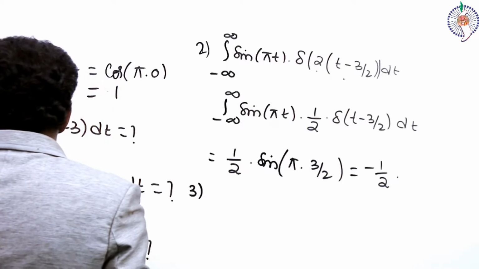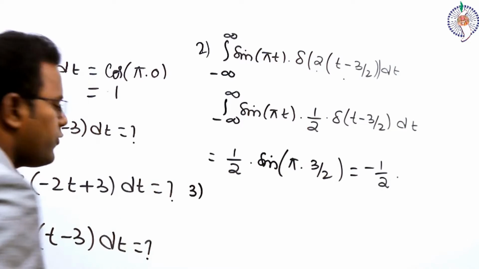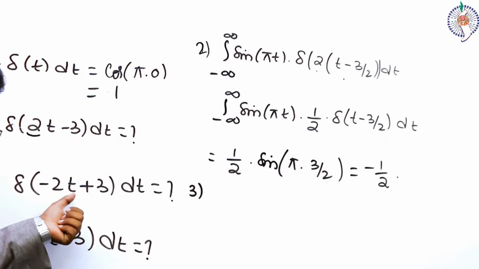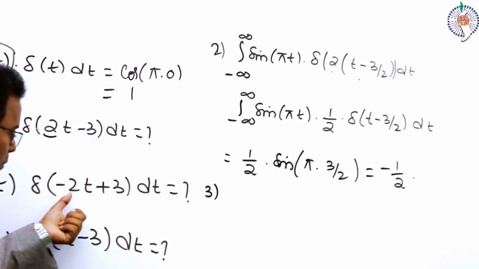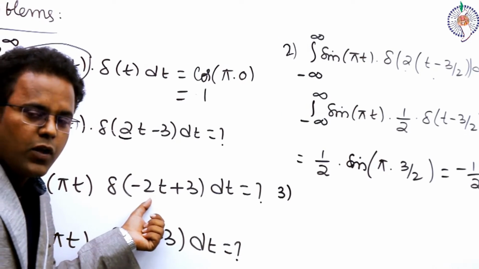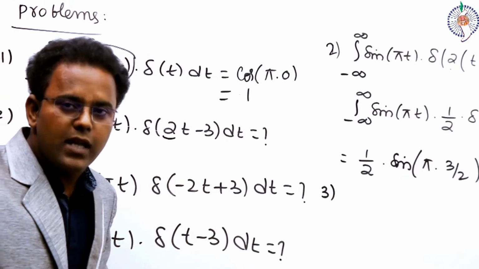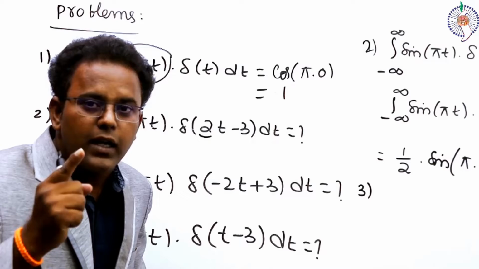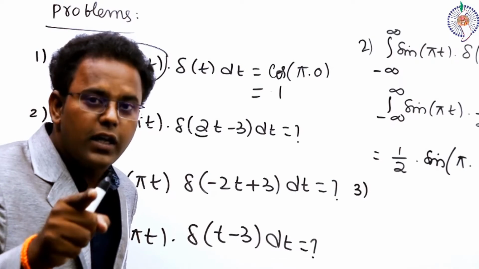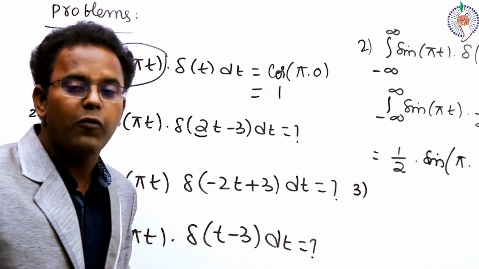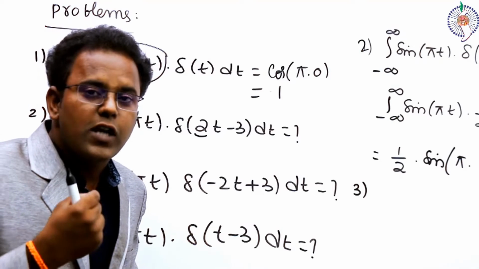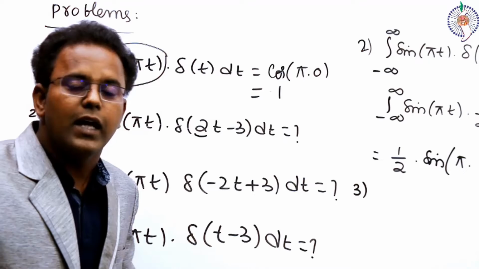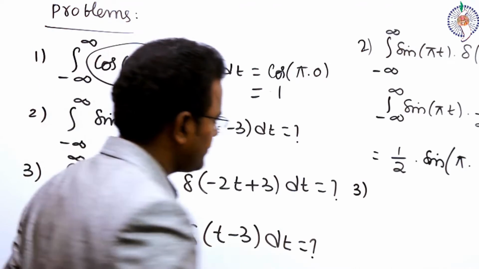Let's see. In the third problem, if you are observing, for t there is a minus, so time reversal is there. We see it in property number 7, delta of minus t is delta of t. So first avoid that. Means first apply that reversal, then later go for it.